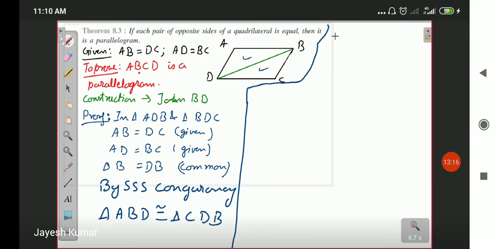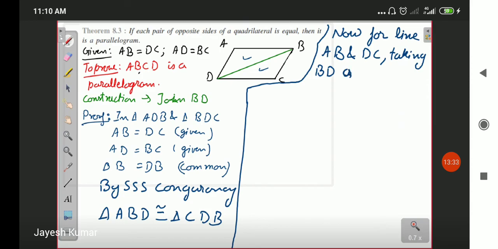So now for lines AB and DC, taking BD as transversal, we will have angle ABD is equal to angle CDB.